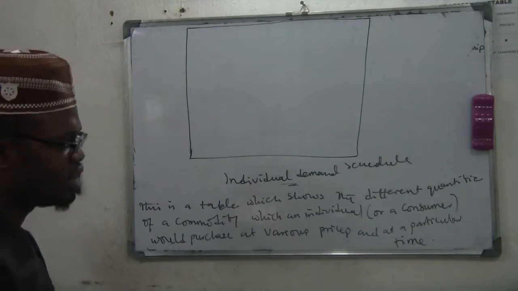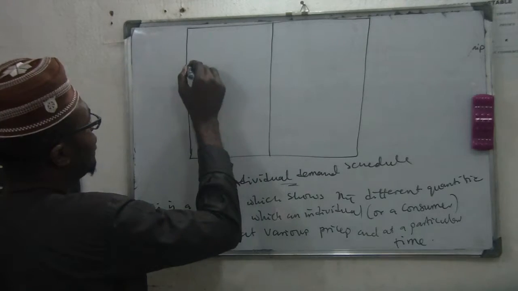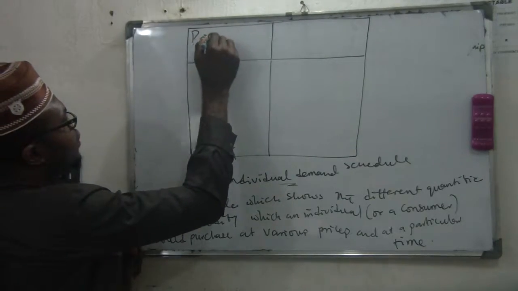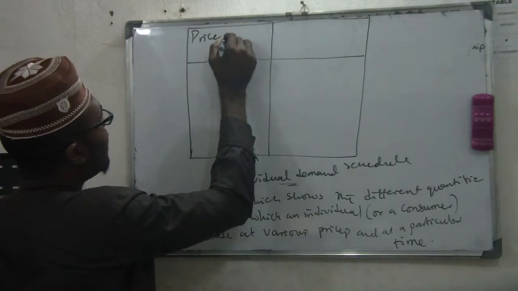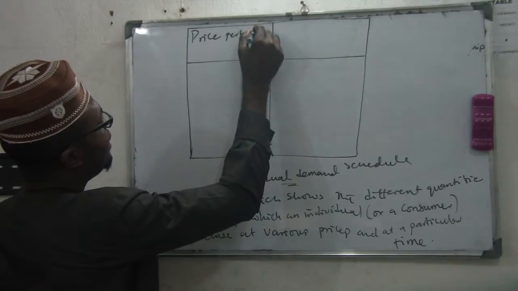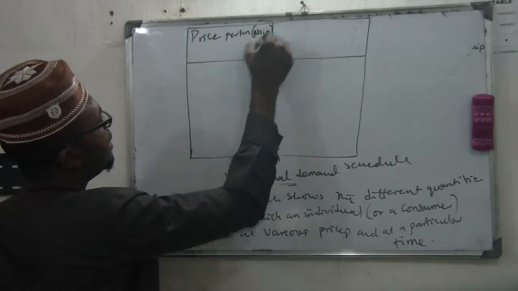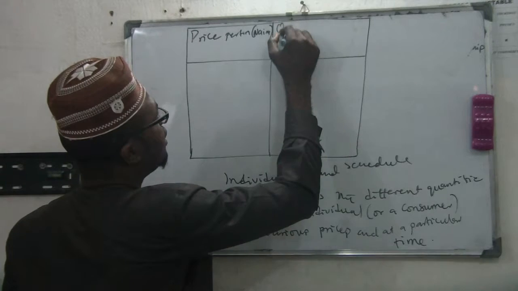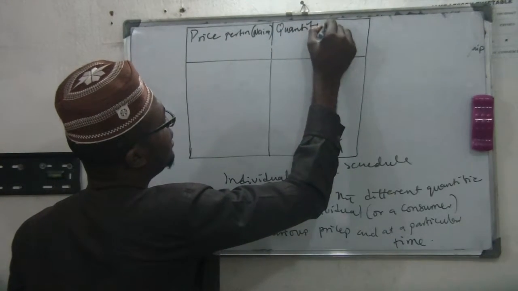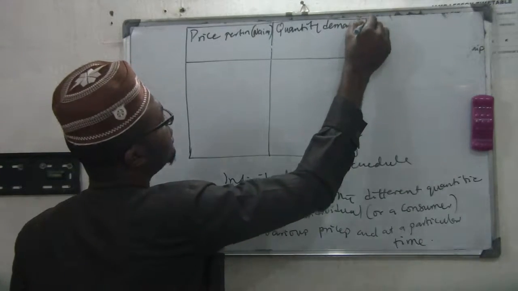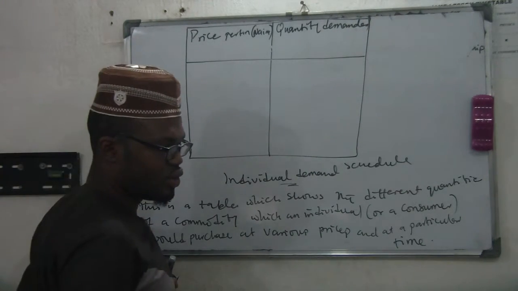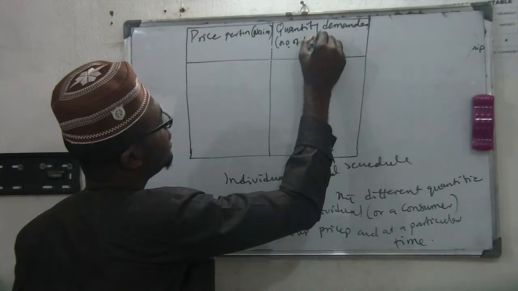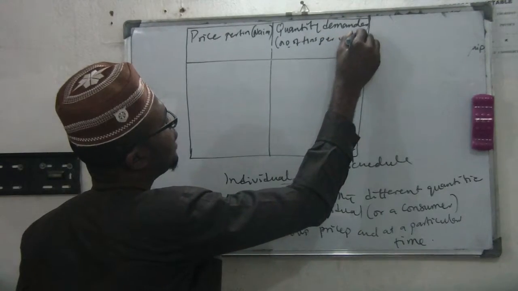It shows the relationship between price, which is price per thing in naira, price is always in naira, and quantity demanded, the number of things per week.